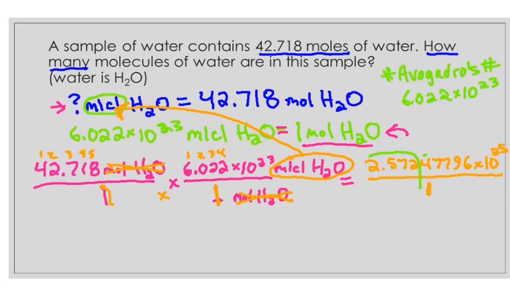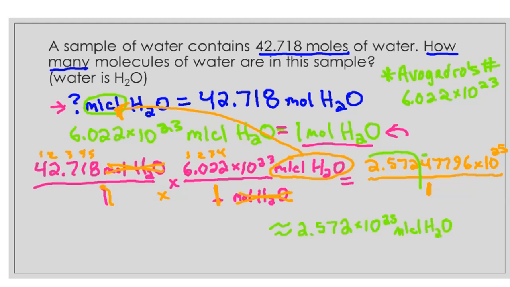And this 4 over here doesn't affect the 2 at all. So our rounded answer is just going to be, and that wavy equals sign means about, means it's been rounded, 2.572 times 10 to the 25th molecules of H2O.